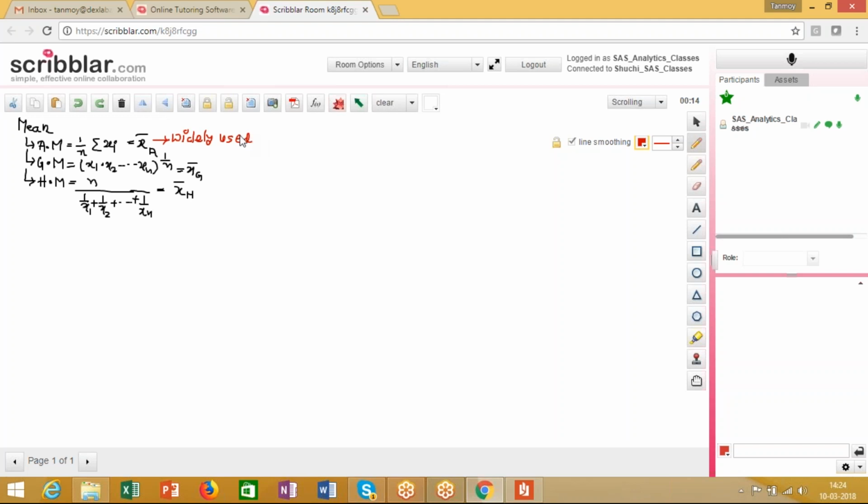Arithmetic mean obviously has a set of disadvantages as well as a set of advantages. The biggest advantage is that it uses all the observations for calculation of the mean. Therefore, it is a very wholesome representation of the central behavior.